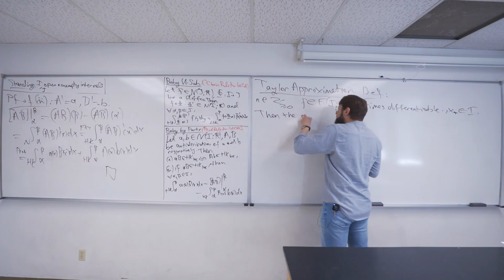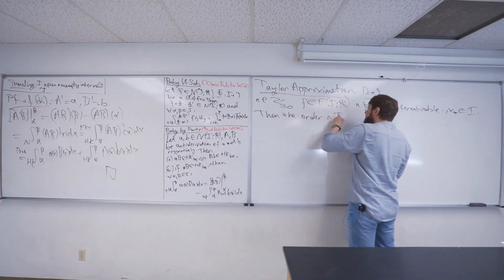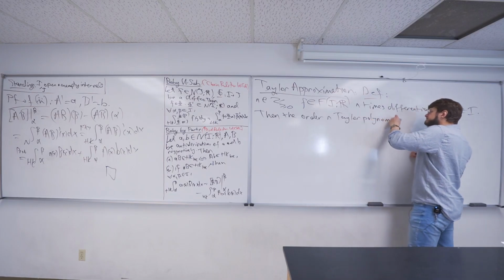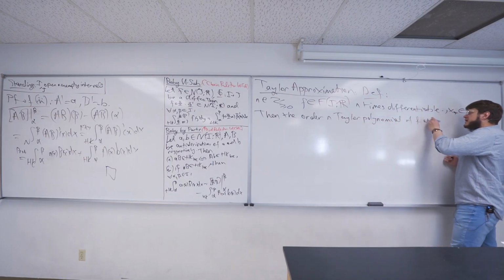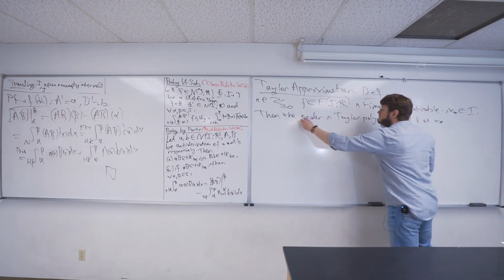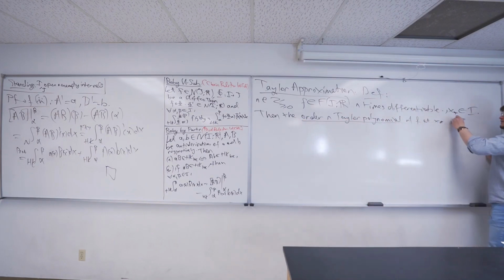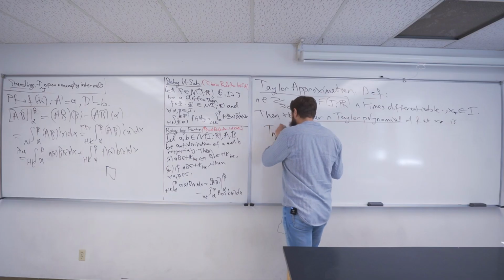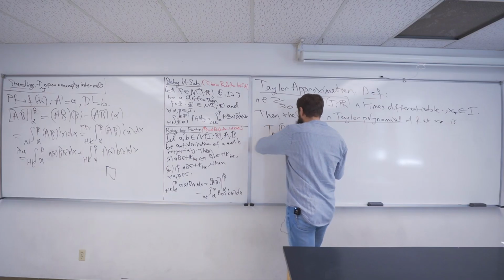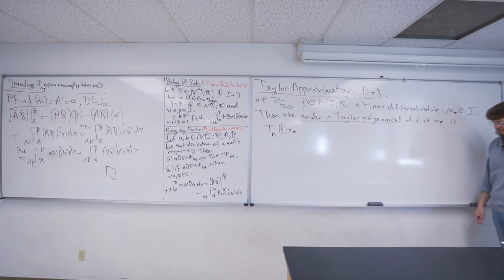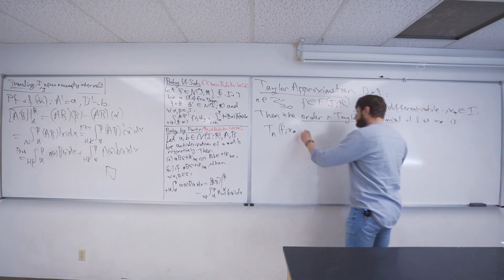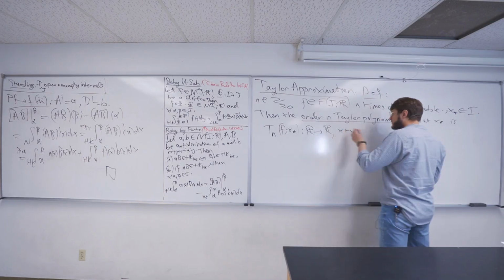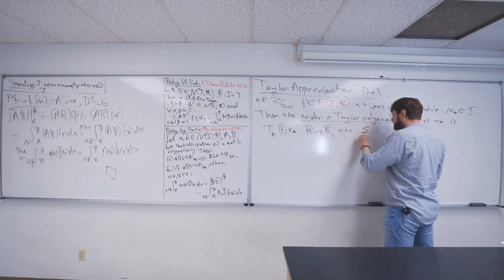Then the order n Taylor polynomial of f at x star is this. It's a function that is a polynomial. It depends on these things. From reals, it goes to reals. That takes an x and sends it to this.